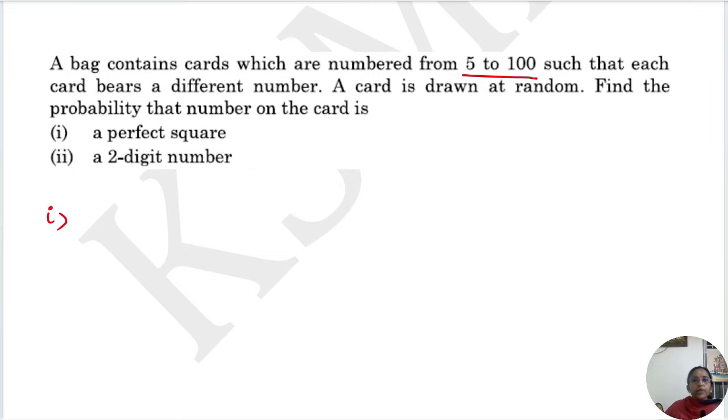So for the first subdivision, before proceeding, you have to calculate the total number of cards. Total number of cards is equal to 96 because we have only from 5 to 100. So total is 96. So for the perfect square number, first find your favorable outcomes.